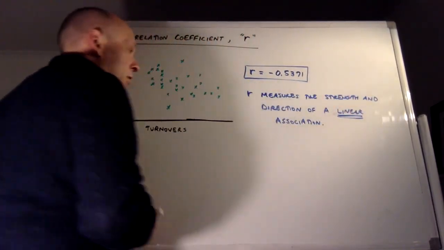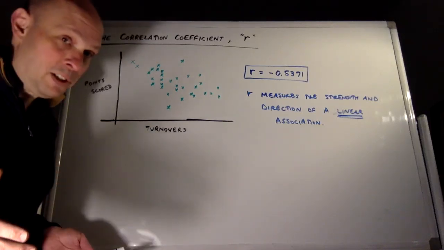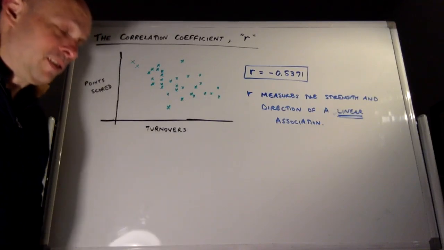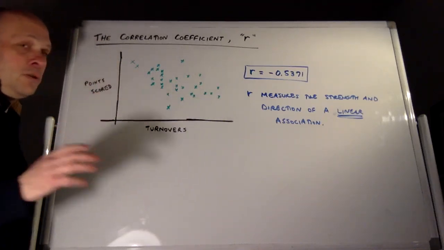And that part about linear is critical here. R doesn't measure the strength of curvy relationships, only linear ones.